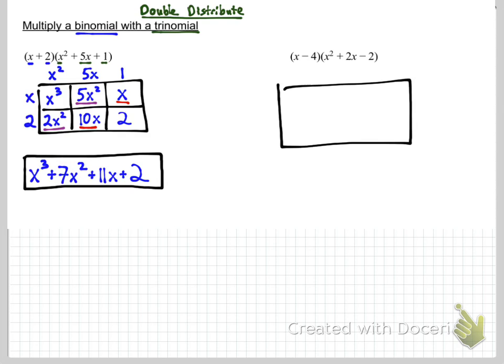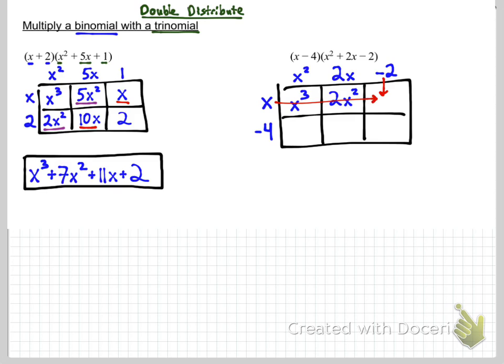All right, lastly over here, x minus 4 will go on the side. Notice for x minus 4, I made it negative 4 as the term to multiply with. And notice the minus 2, I changed that to negative 2, so x squared, and then 2x, and then negative 2 were the 3 terms. When we multiply this out, we get x to the third. 2x times x is going to be 2x squared.